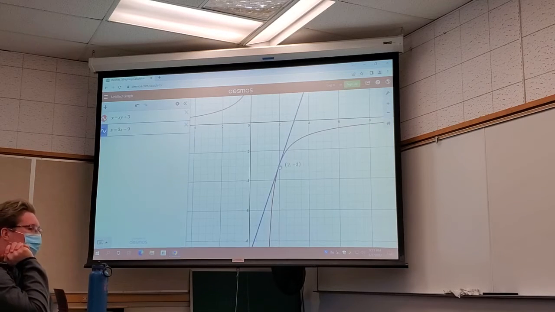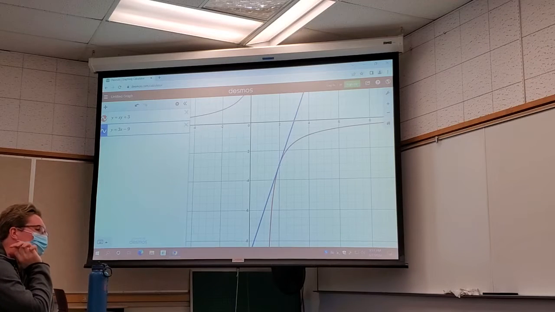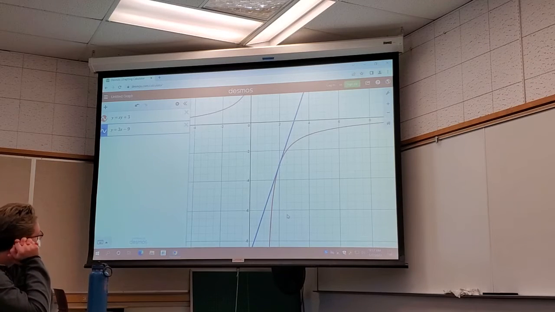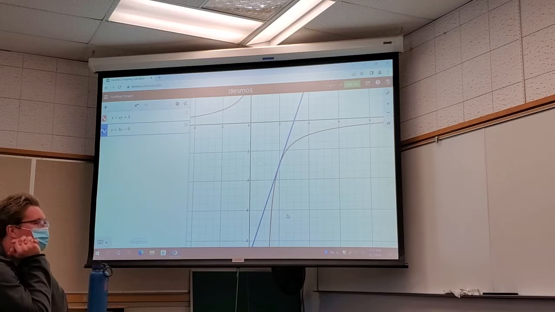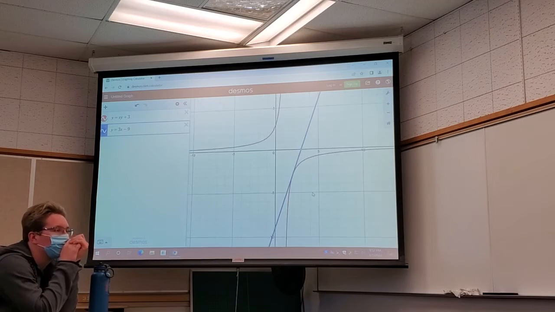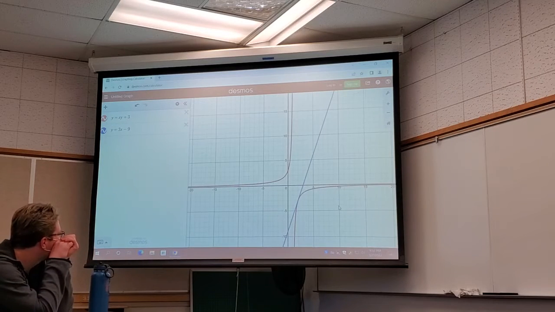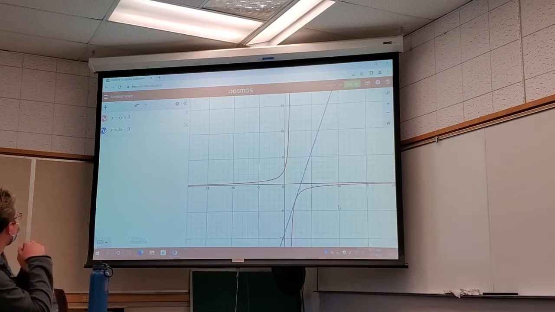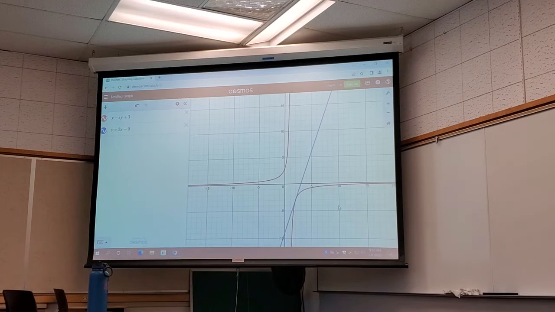There's the point 2, negative 3, right? Now why is this graph not terribly funky? That looks like a function, yes? Because, couldn't we solve this for y? Of course we could. So I could have solved for y first and then done all of this.